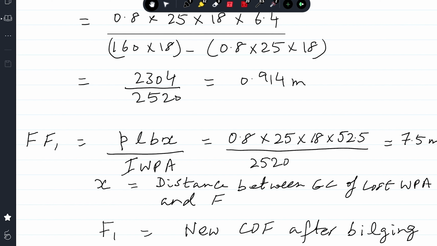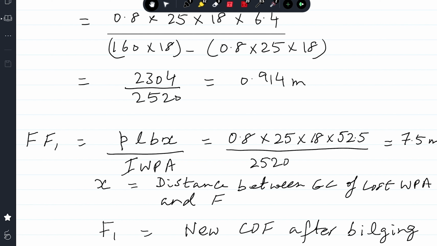The same formula here. Here we have, instead of the weight, we have area. So area lost, which is permeability into length of the hole into breadth of the hole.